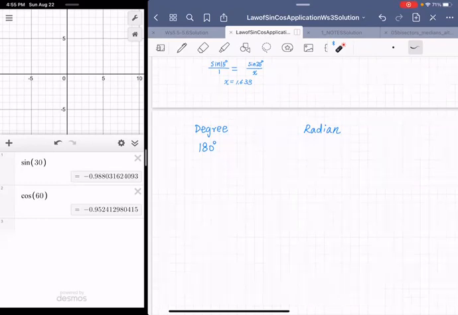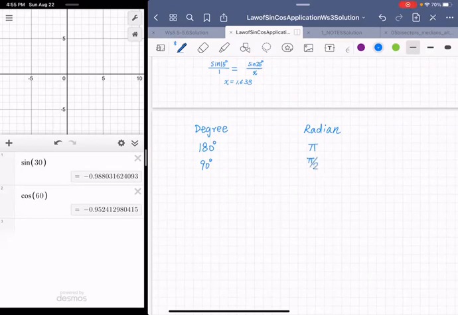Yeah, sorry, let me put it into my calculator. 180 degree is pi, okay? So tell me, 90 degree is how much? 1.57. So you just do pi over 2, okay? Yeah, half of pi. All right. 30 degree is how much? A third. Or no, sorry, 1/6. 1/6. Yes, thank you.